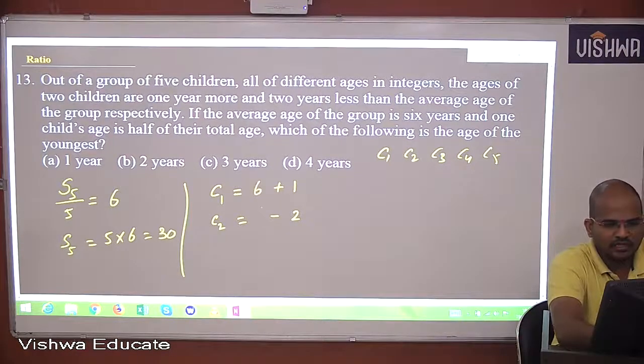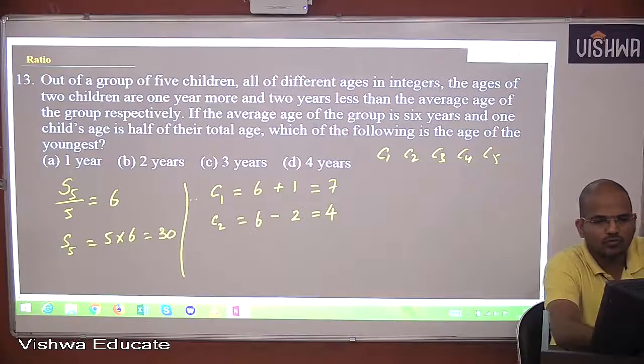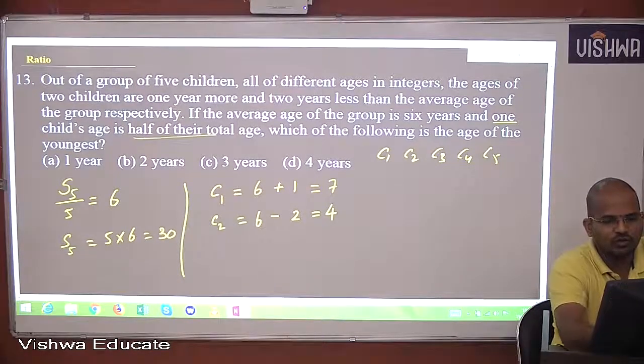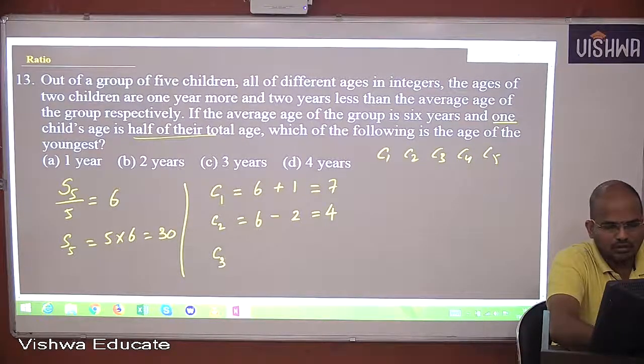Average age is 6. So one fellow is 7, one fellow is 4. And one child's age is half of their total age. So let us take total age is 30. So that is 30 by 2 is 15.